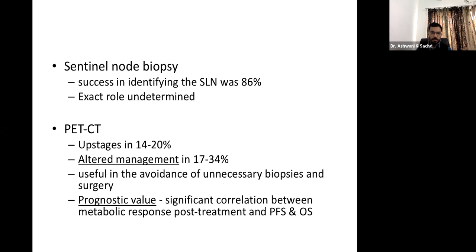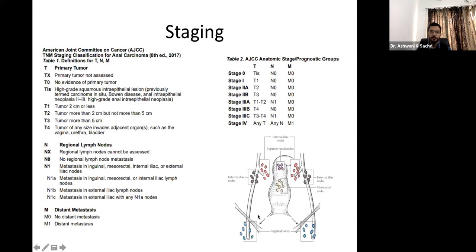It will help in distinguishing between the recurrence and other radiotherapy associated changes or other infection, and in avoidance of unnecessary biopsy and surgery. And it also has prognostic value, like if there is complete metabolic response, it is associated with better progression free and overall survival compared to if there is low metabolic response post treatment.